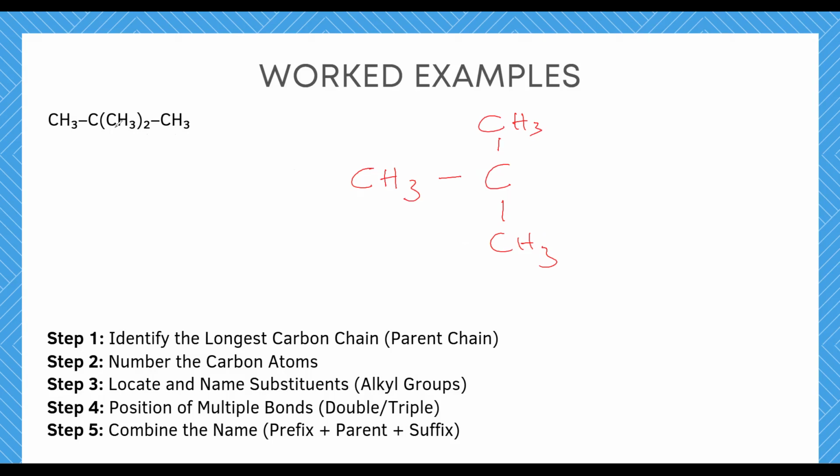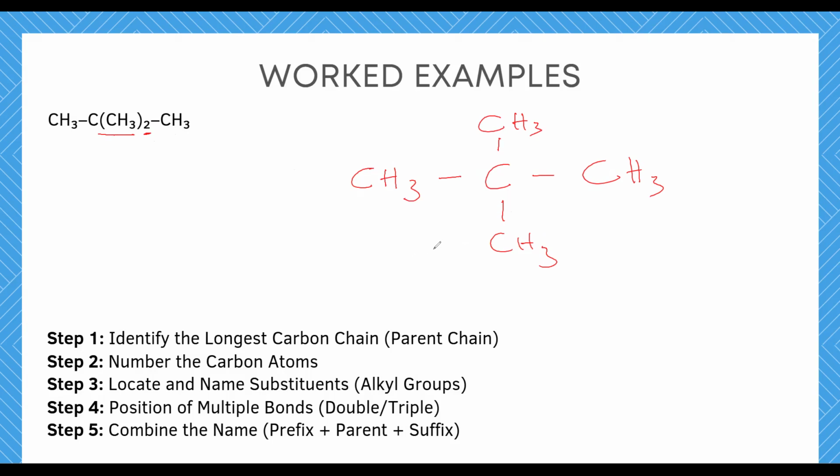Now, you can see at the end of the bracket containing the CH3, there is a number 2 here, which indicates that there are two atoms of CH3. So there are two atoms of CH3, and then finally, we have the last one. So this is the structure here.